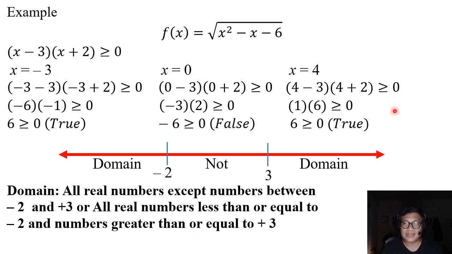This will be the case, class, when you have a function of degree 2 under a radical sign. Then you will test the possibilities. But if your radicand is simply a linear function, then we just equate that to greater than or equal to 0, and that will be the domain of your radical function.